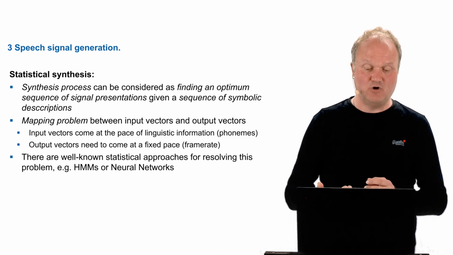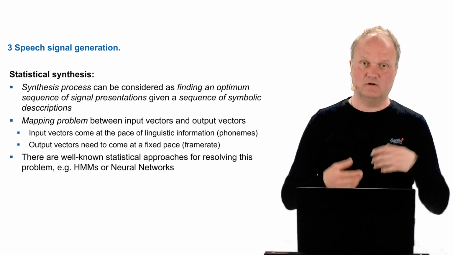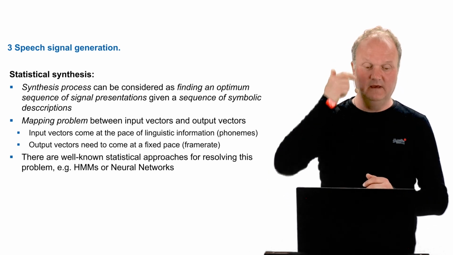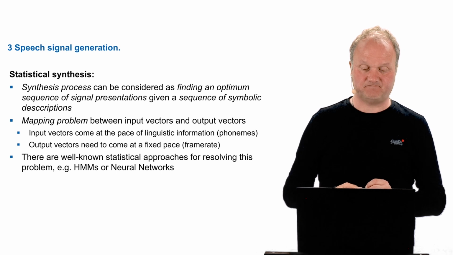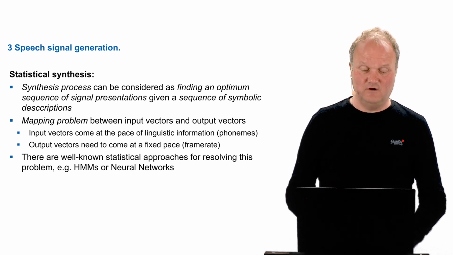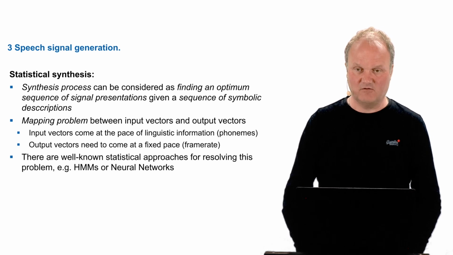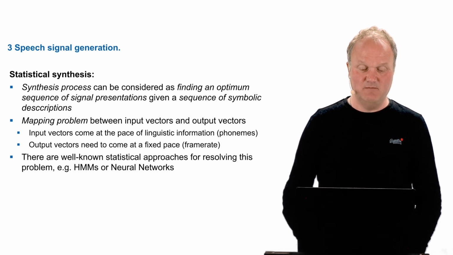So you have a mapping problem between the input vectors and the output vectors, which needs to be taken into account in such a statistical signal generation process. But there are a number of well-known statistical approaches for solving this problem, and you have learned about two of them already in the chapter about automatic speech recognition, namely hidden Markov models, HMMs, or neural networks, NNs.